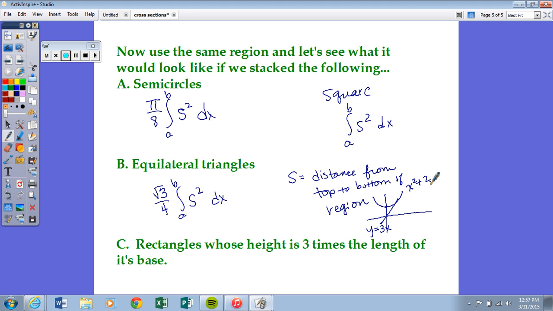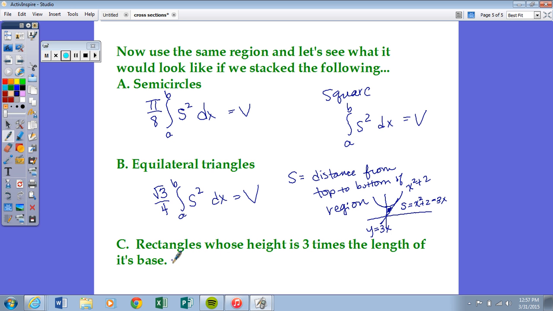If these are the two curves and you're building on the region between them, and I'll just shade in right here, and we're stacking on top of that, you just really want to pay attention to where is the top of the region and where is the bottom of the region, and if you take the difference, that is your s. So for this one, it would just be the top curve, which is the parabola, minus the line below it, which is just 3x. That would be your s that you would be using in all three of these other formulas, okay? And this would help you end up finding the volume, okay? And so remember, these are finding a volume, every single one of those, okay?